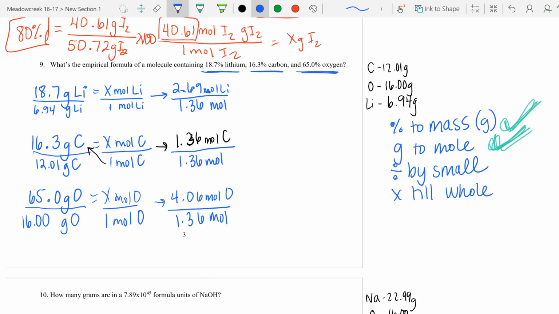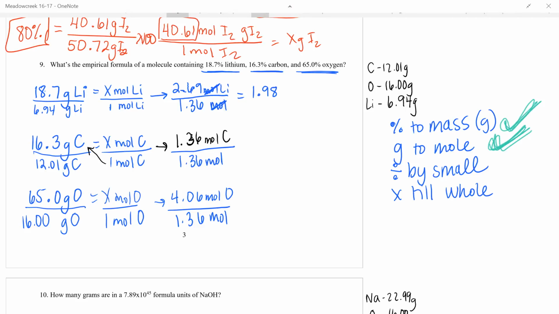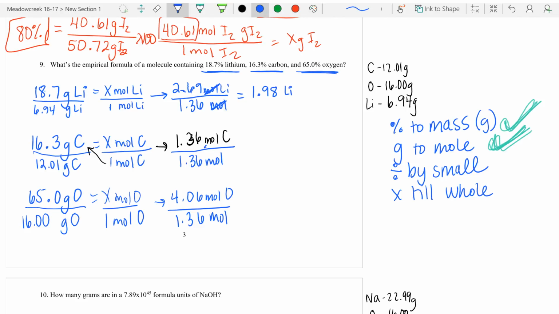When I do that, 2.69 divided by 1.36 gives me 1.98, the moles cancel out, so 1.98 lithium atoms. And 1.36 divided by 1.36 gives me 1 atom of carbon. And 4.06 divided by 1.36 gives me 2.99 oxygen atoms. So we have now done step number 3.